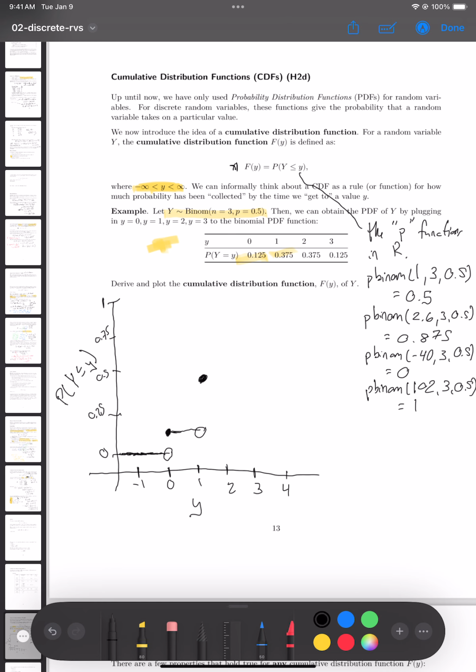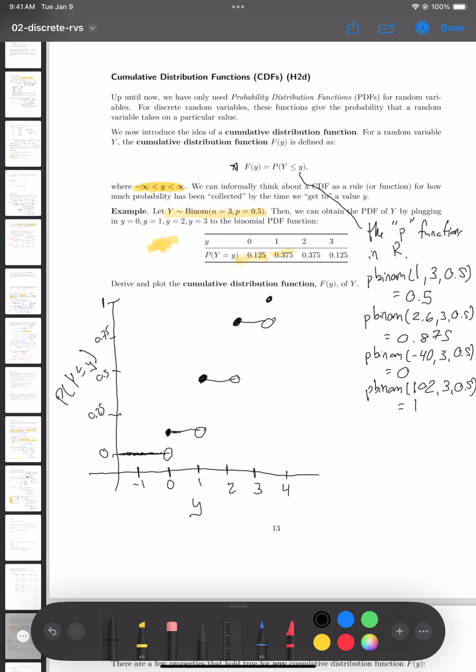And then you keep going. I'm not going to go as slowly now, but once you get to 2, the jump up is by another 0.375, and so you wind up with, I believe, 0.875, and then you get another jump when y is equal to 3.